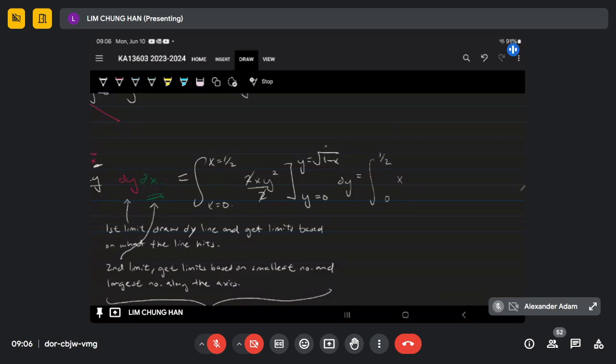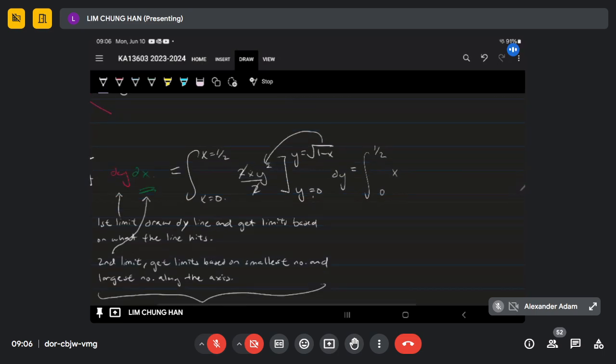We substitute y in here, times squared. So this thing squared. Then the square root and the square cancel out. So it's x minus x squared dy.